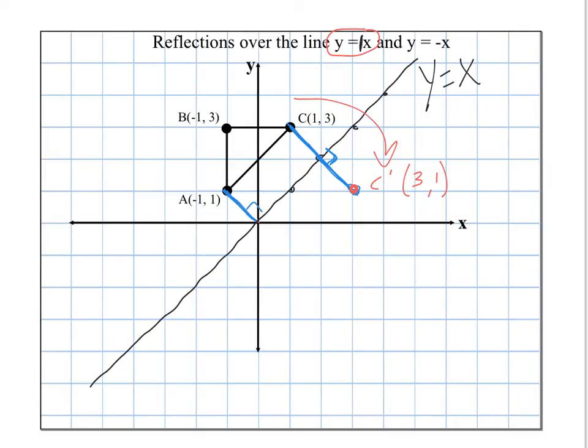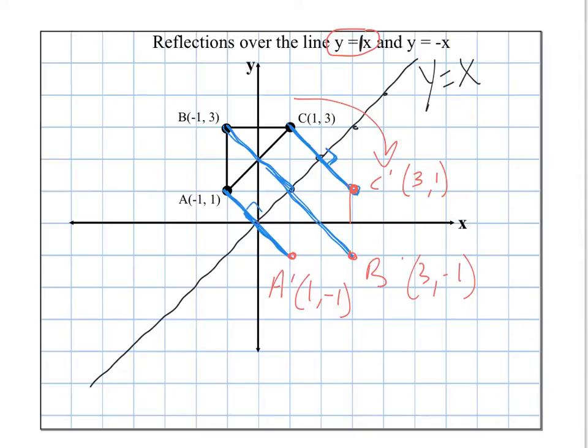You see that right there. And go the same distance across on the other side, and that's going to bring me to A prime, which is 1, negative 1. I can do the same thing with B. I'm going 2 diagonal units, and I'm going to go 2 diagonal units this way, and that's going to bring me to 3, negative 1.